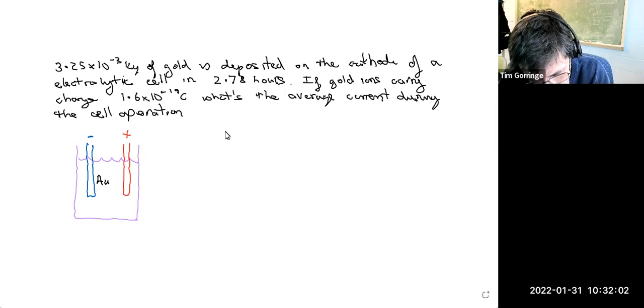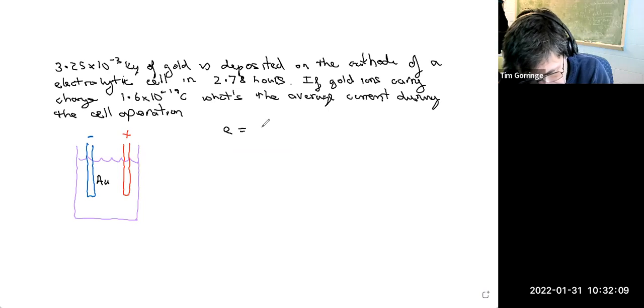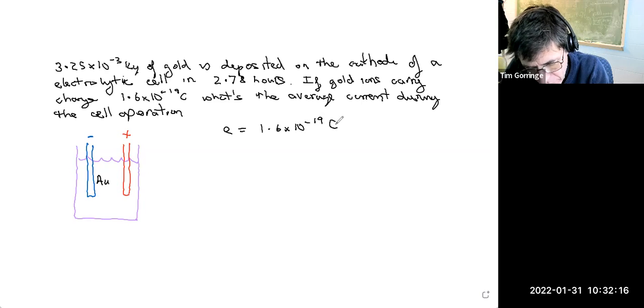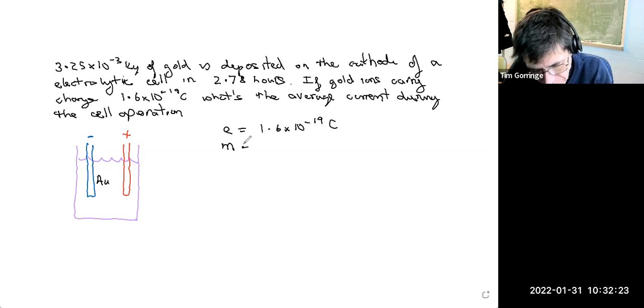Firstly, the charge on each gold ion is positive 1.6 times 10 to the minus 19 coulombs. I'm calling it e, the electronic charge. Secondly, the mass of the gold that was deposited, we're told, is 3.25 times 10 to the minus 3 kilograms.